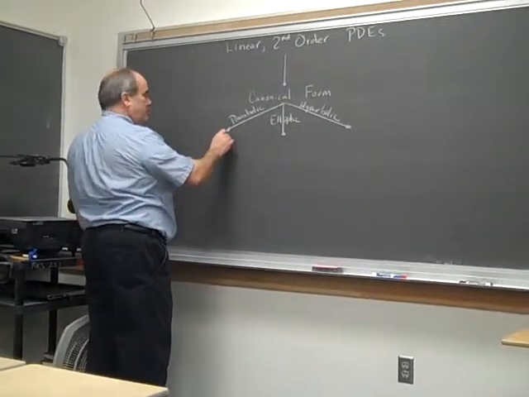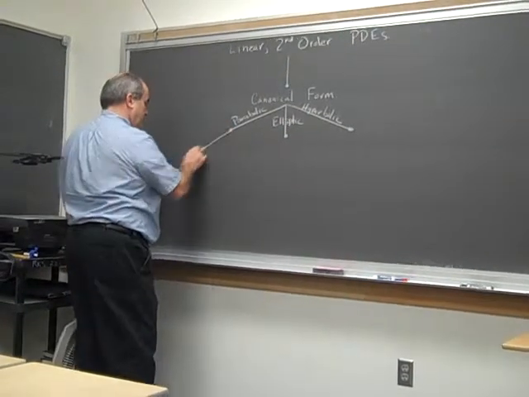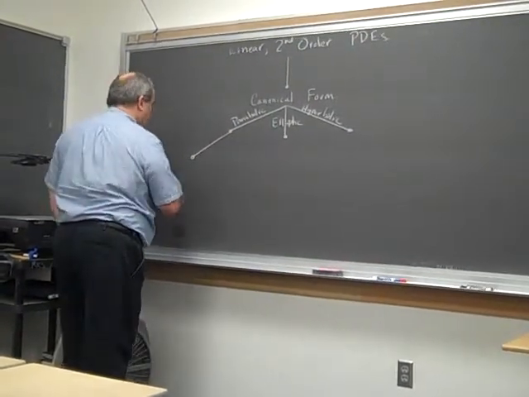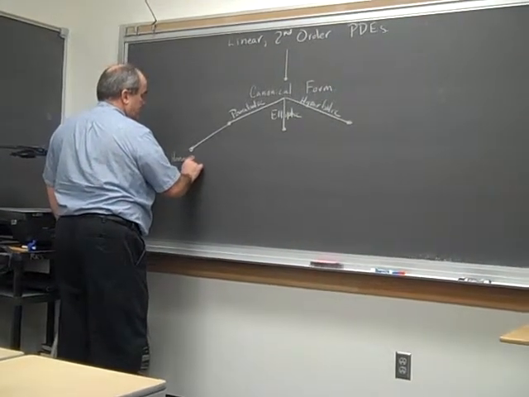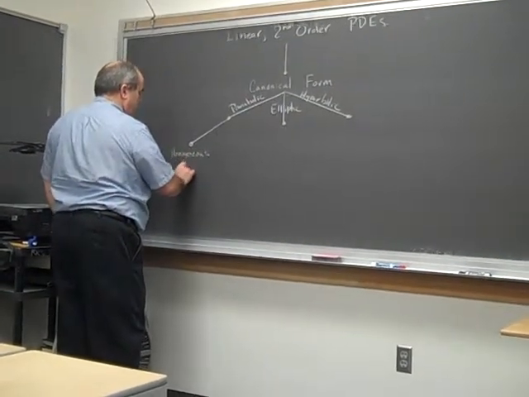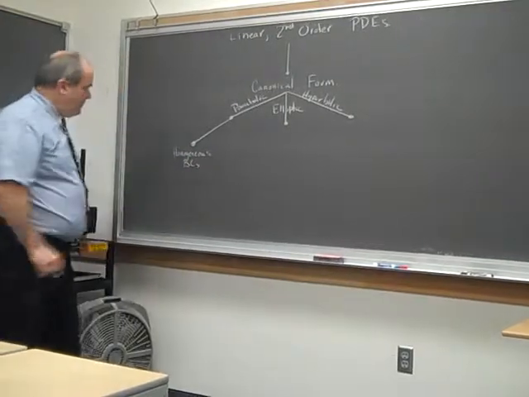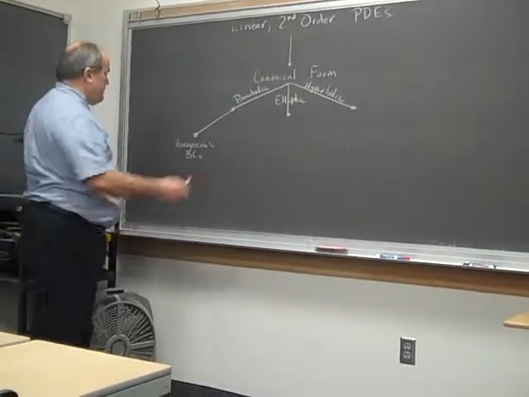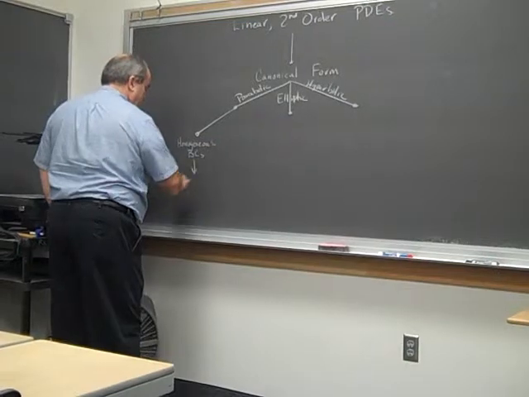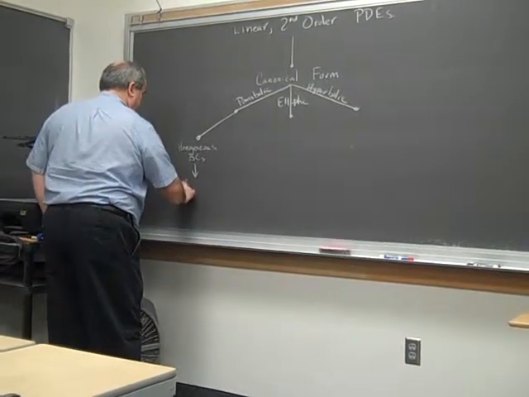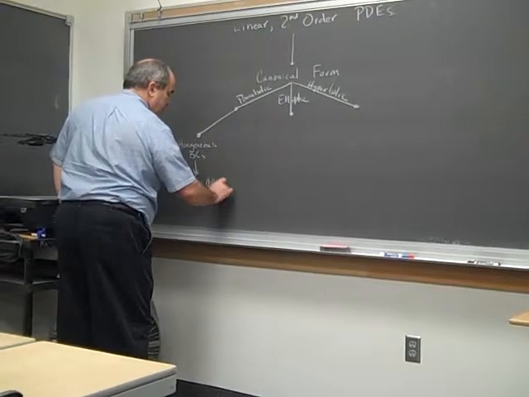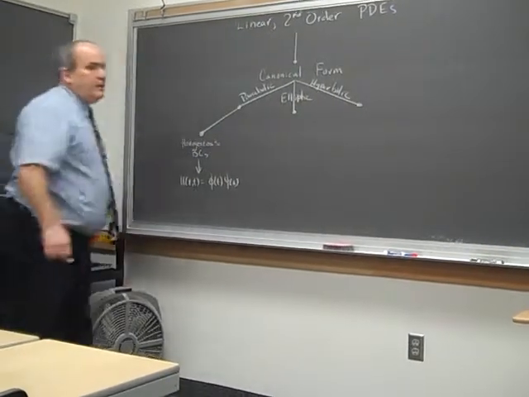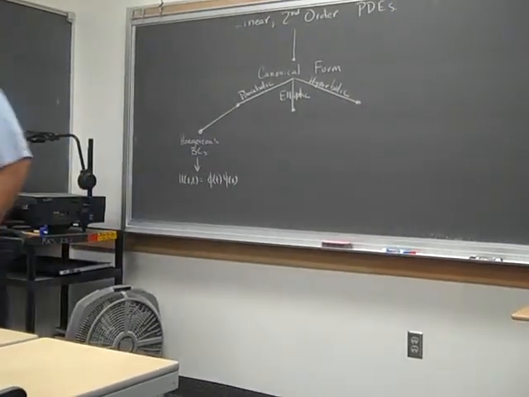Then from here we have come over and we've been looking at homogeneous boundary conditions. And we've discovered our way of handling that, and that we can do with separation of variables, and we can solve those.